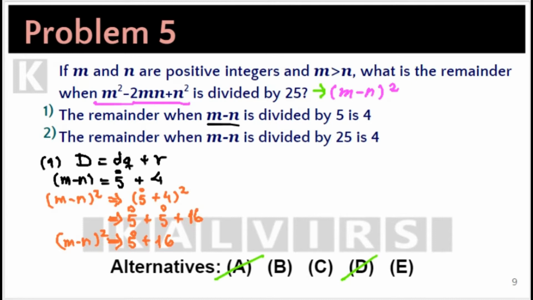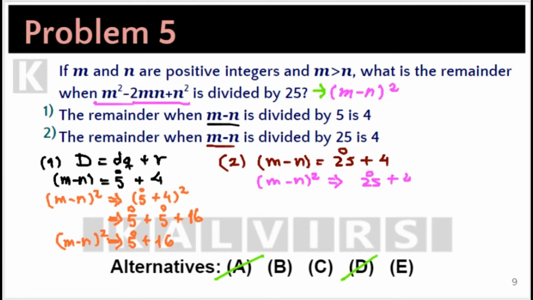Now, statement 2 alone. The remainder when m minus n is divided by 25 is 4. Therefore, m minus n equals a multiple of 25 plus 4. If we square this expression, then we get that m minus n squared is a multiple of 25 plus 4 squared.